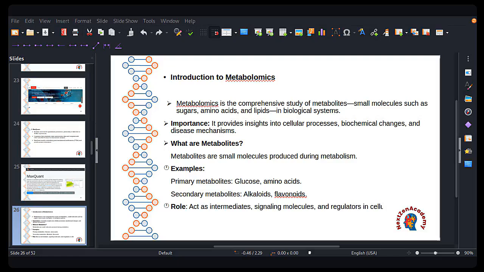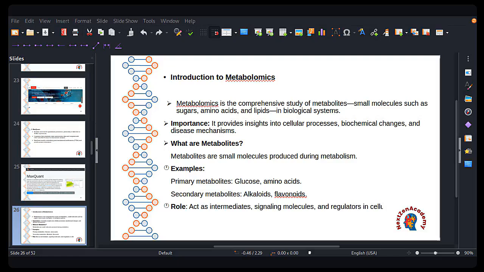Okay, now let's come to introduction to metabolomics. So you guys heard about metabolism, the chemical reactions which take place in our body. That is called metabolism, right? The process by which cells convert energy and nutrients into the components they need to function, grow, and maintain themselves.